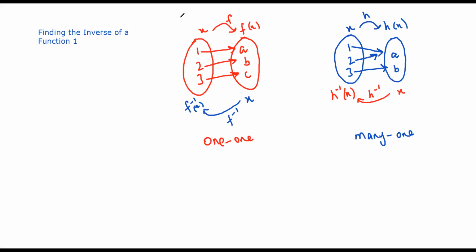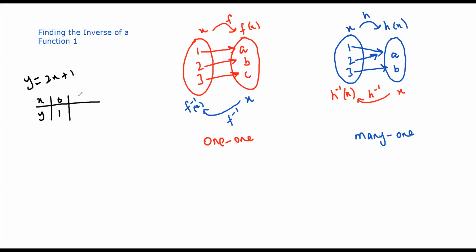domain. Let me give you a very small example before we drown into this topic of finding the inverse of a function. Suppose you have y is equal to 2x plus 1. You substitute x as 0, you get 1.